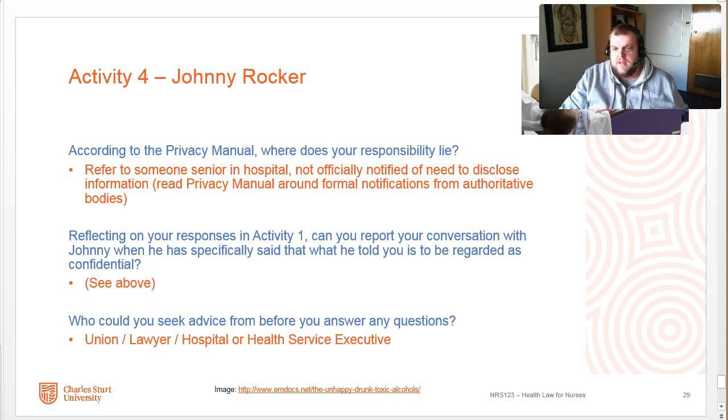So if the warrant hasn't been provided and it's a casual conversation with the police officer, the nurse actually shouldn't disclose this yet. Reflecting on the responses from Activity 1, can you report your conversation with Johnny when he specifically said that he's told you not to and it's regarded as confidential? It's the same point as above. You might also pull apart the issue of because the person has already died, you can't argue that telling them would be in the public's best interest to start off with.